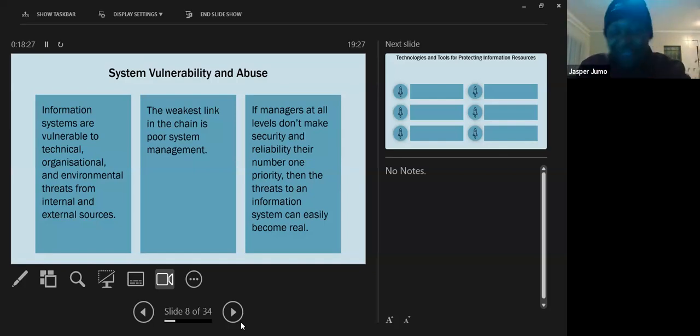You see, guys, with hackers and so forth, right? Those are the threats that can affect information systems. All right. So now managers at all levels have to make sure that there is security and reliability when it comes to protecting themselves from the threats that affect these information systems, so that they can protect.